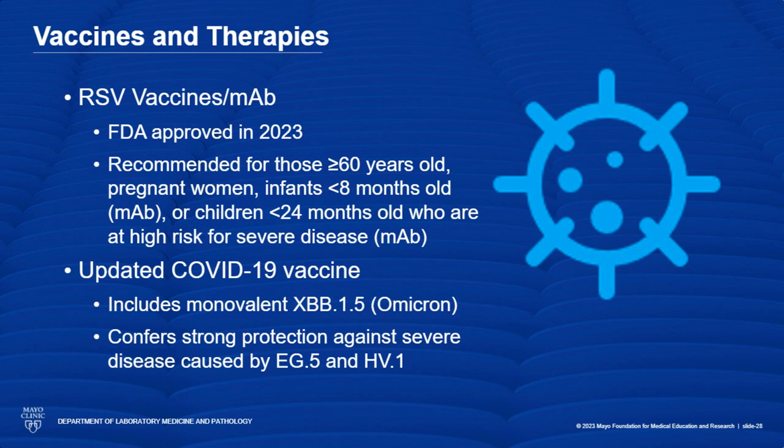I'm excited about this and anticipate that in the coming years, as we have greater access to these therapies, and as patients also take these vaccines and therapies, we'll begin to see a reduction in the incidence of RSV disease.